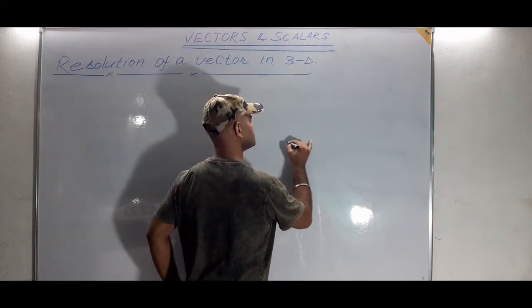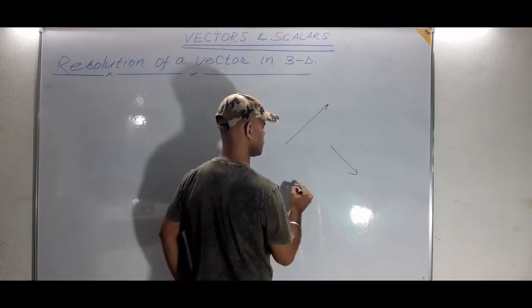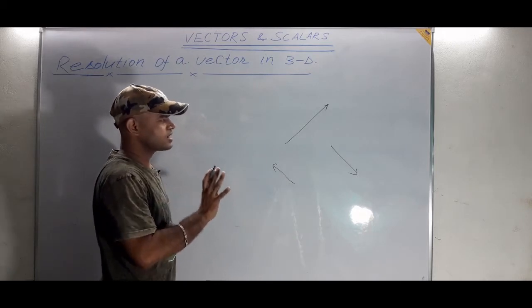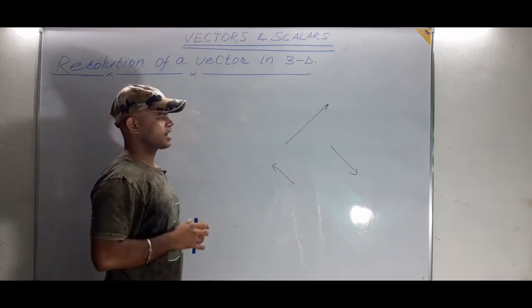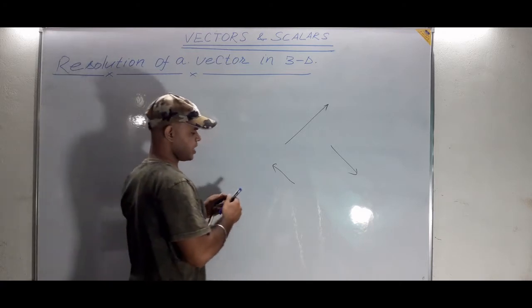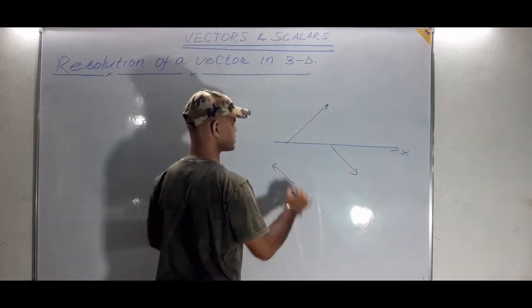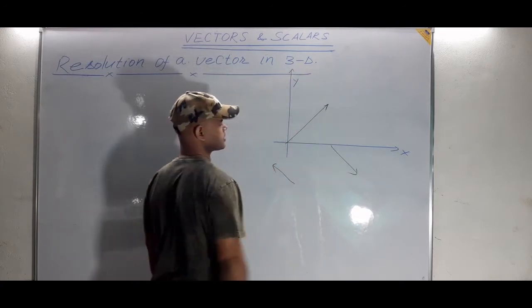For example, a vector is in the plane of the board, anywhere like this or like this, it doesn't matter. As long as it lies in this plane, we can resolve any of these vectors simply by drawing 2 perpendicular lines. We can draw one line like this, let's call it the x-axis, and one line perpendicular to this, let's call it the y-axis.